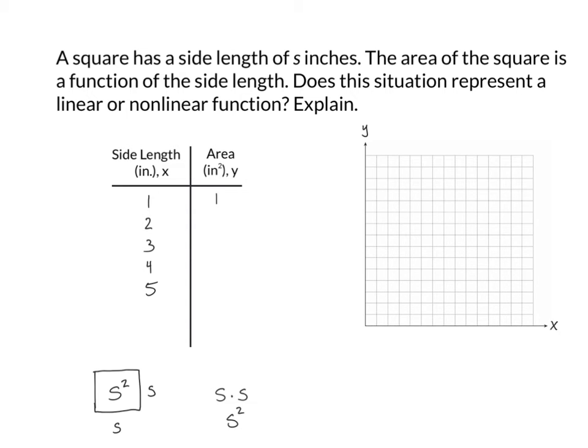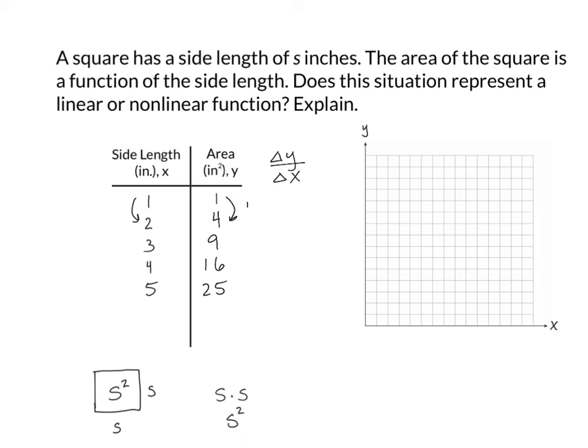The area of a square with a side length of 2 would be 4. 3 times 3 would be 9, 4 times 4 is 16, and 5 times 5 is 25. Okay, so I can look at the rates of change, change in y over change in x, and the ratios of those changes, and determine if it's going to be linear or nonlinear. So if the ratios are equivalent, it's going to be a linear function. If the ratios are not equivalent, then it's going to be nonlinear.